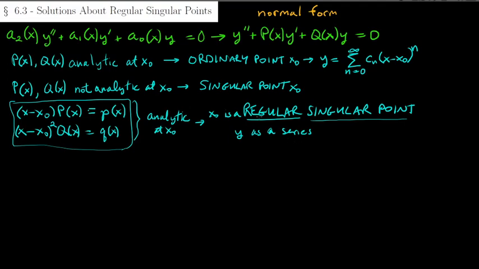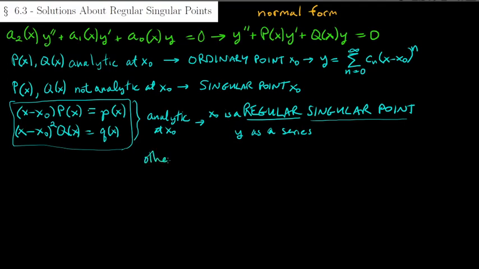Now, what happens if these are not analytic? What happens if you have to multiply, say, by x minus x0 to the third or to some higher power for it to be analytic? Then we say it's an irregular singular point.